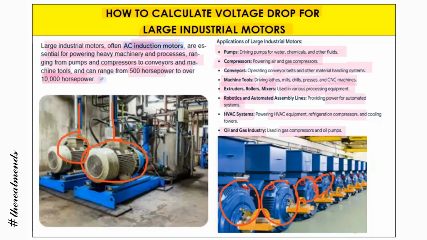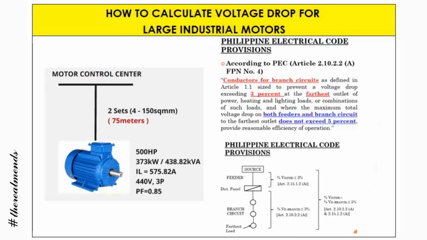And again, with this content, let's discuss lang about the importance of voltage drop for these industrial motors. Assuming we have a 500 HP induction motor nakatap siya, if you say directly coming from motor control center, MCC.